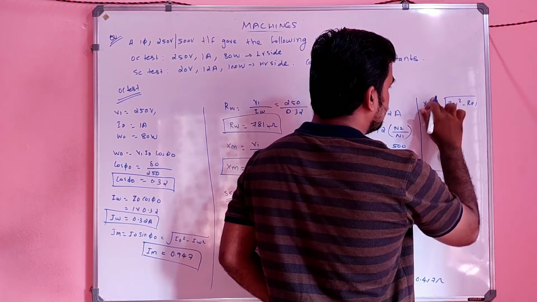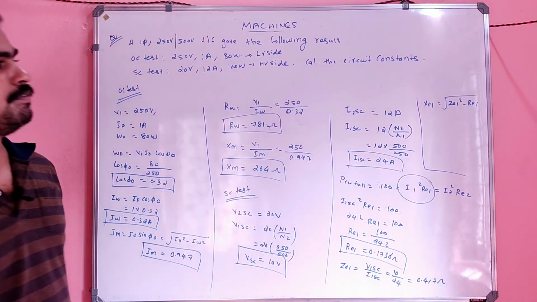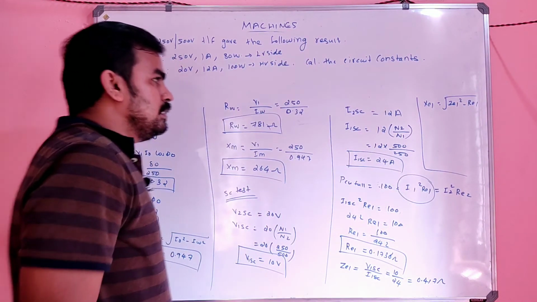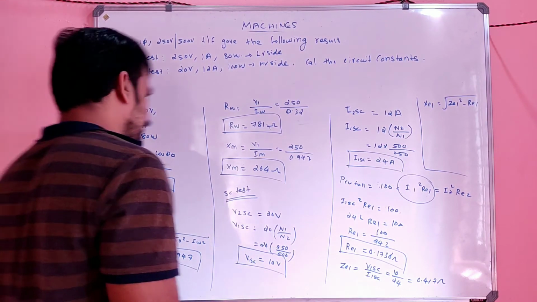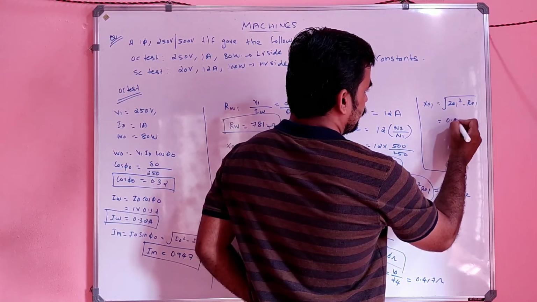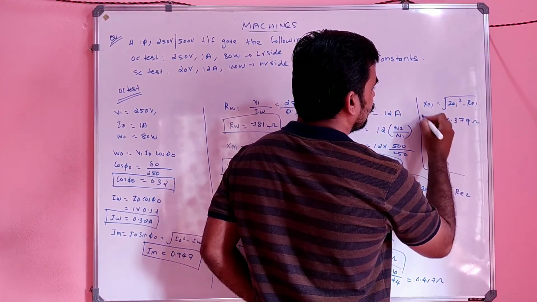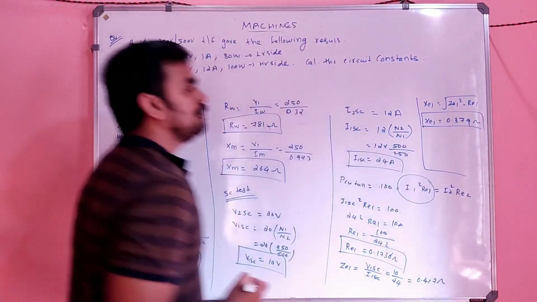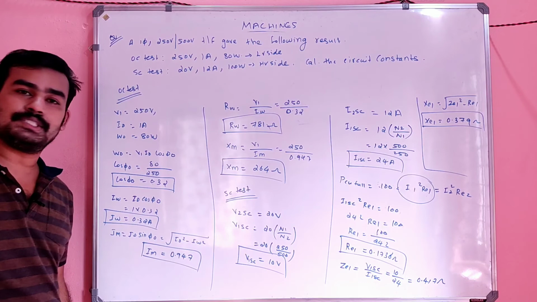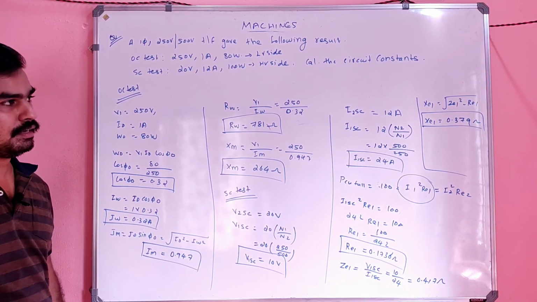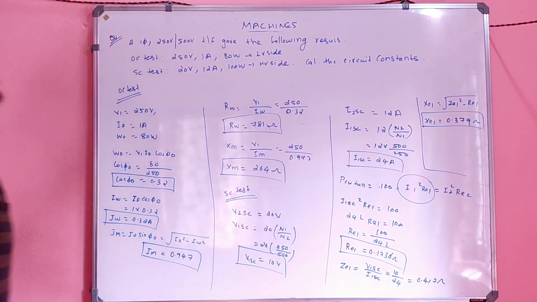So XE1 will be equal to the square root of ZE1 square minus RE1 square, and it will give you the value of XE1 equal to 0.379 ohm. Simply you have to square ZE1 and subtract RE1 square.